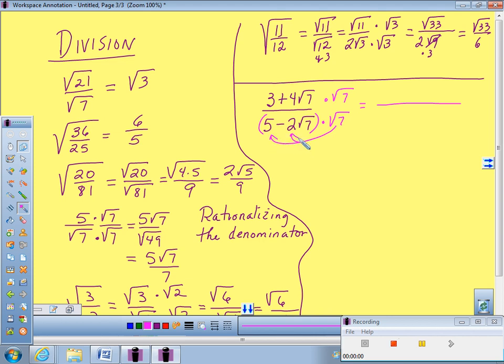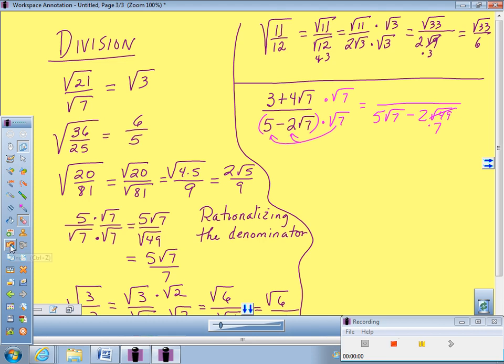That's going to give me 5 times the square root of 7 minus 2 times the square root of 49. Well, yep, square root of 49 becomes 7, and I get this simplified. But I now have a square root of 7 over there on the 5. I didn't get rid of it. So it does not work when you have more than one term in the denominator. It does not work to just multiply by that square root.